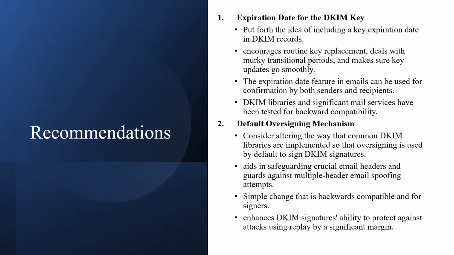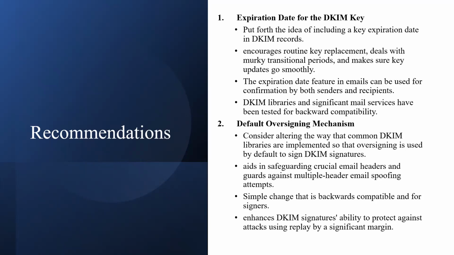The second recommendation given by the researchers in this paper is a default oversigning mechanism. Consider altering the way that common key identified mail libraries are implemented so that oversigning is used by default to sign its signature.